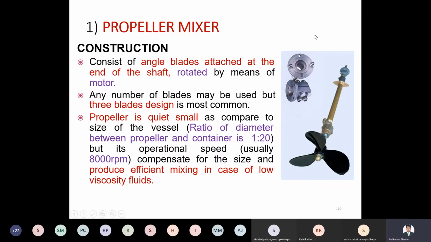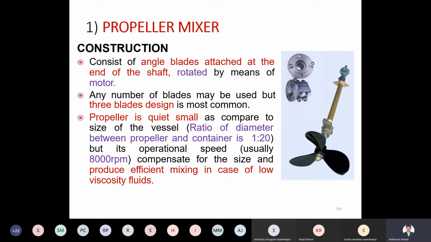Suppose the vessel size is small and the blade size is large, then it is very difficult to rotate. Suppose the ratio is 1:10, what will happen? The flow pattern can change, right? The liquid should pass from one place to other places with the help of the flow pattern.